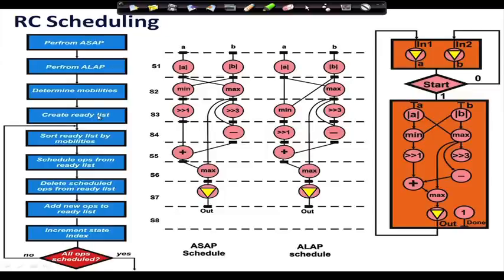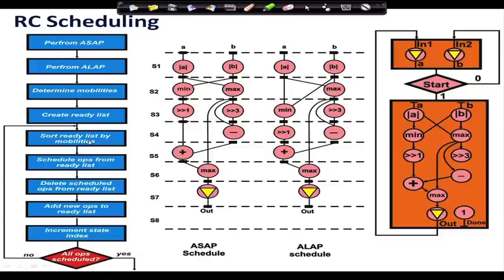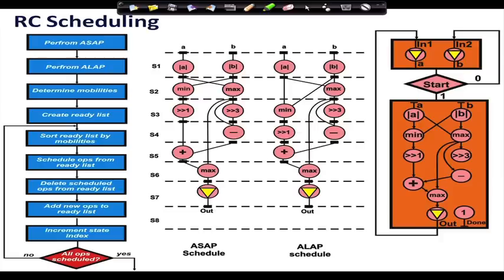Ready list means which are the functional elements which are ready now, that means all its data are available. Then from the ready list, we will sort the ready list by mobilities with the least value of mobility coming earlier and the highest value of mobility going later. So, that is how I make the list in the list scheduling algorithm.